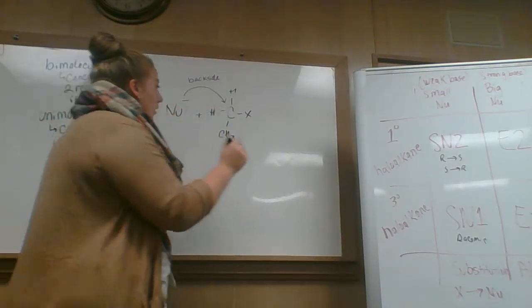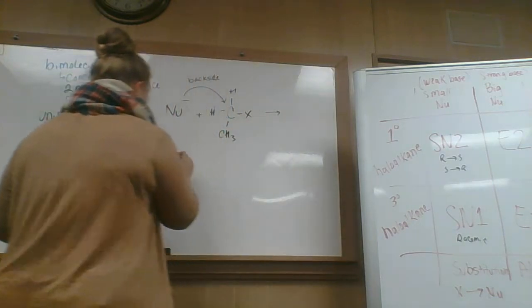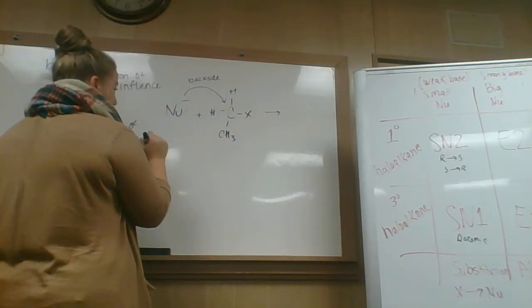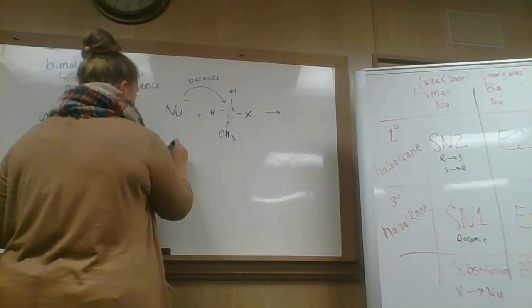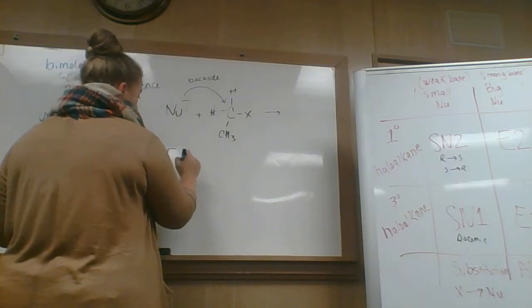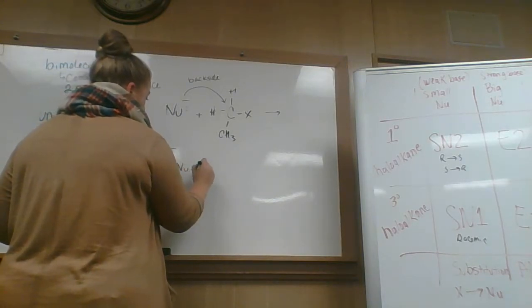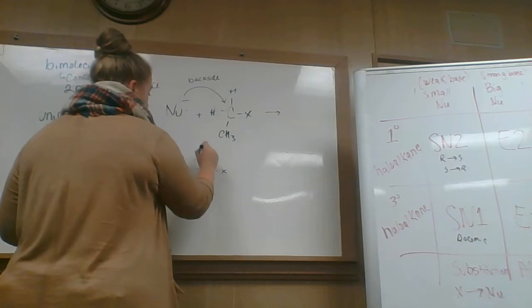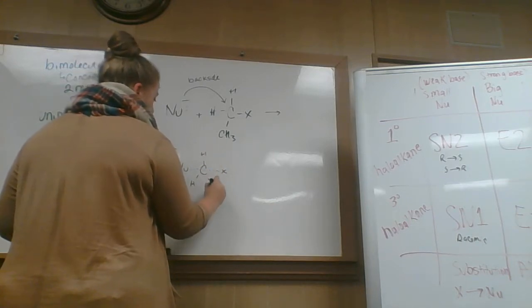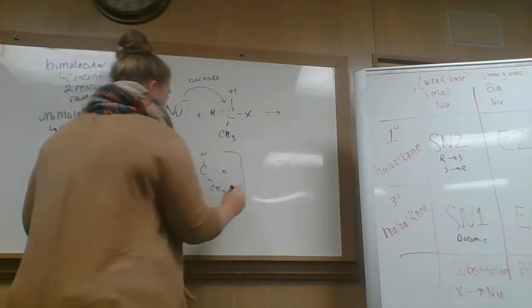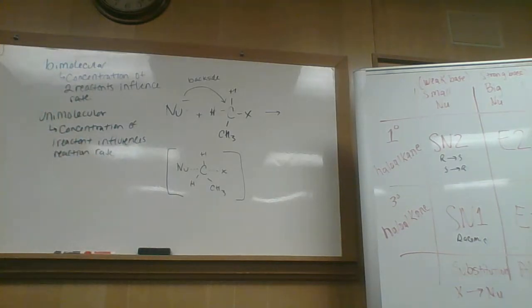It is one step. So if we were to draw, I don't have enough space. Sorry, guys. Okay, so why have I drawn dotted lines between the nucleophile and the carbon and the halogen?